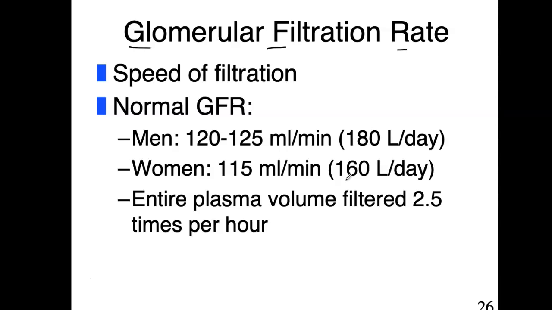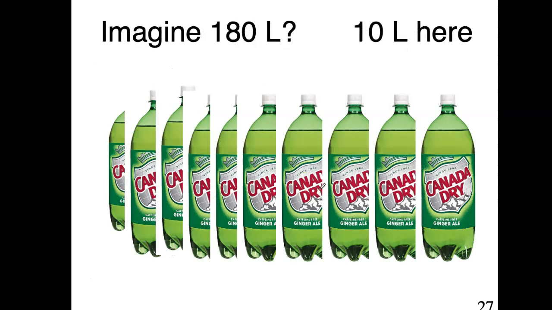So you can see how kidney failure is immense because you have to be filtering this blood. So can you even imagine 180 liters? You know, these are 10 liters here, but imagine a table or a floor with 180 of these liters. That's what you filter in a day. Very crazy.